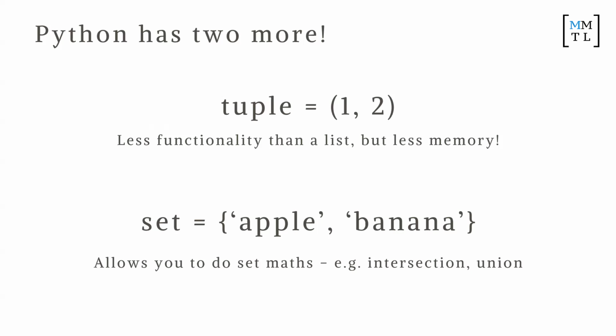You might also see sets, and sets are represented by the curly brackets like a dictionary, except it doesn't have a key value pair. So if you miss a colon in a dictionary, it actually interprets it as a set. And what sets allow you to do is allow you to do set math. So for example, if you want to intersect, union, that sort of thing, it's very, very quick, very powerful for set, and it does it in O(1) time.